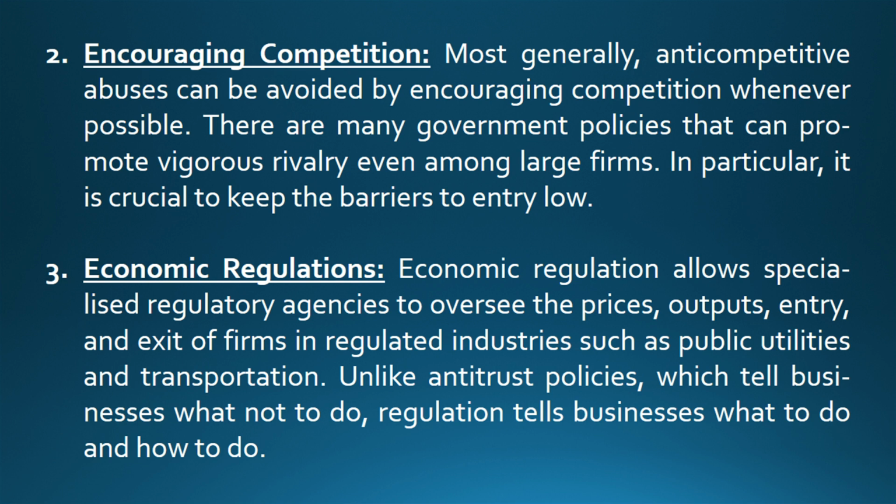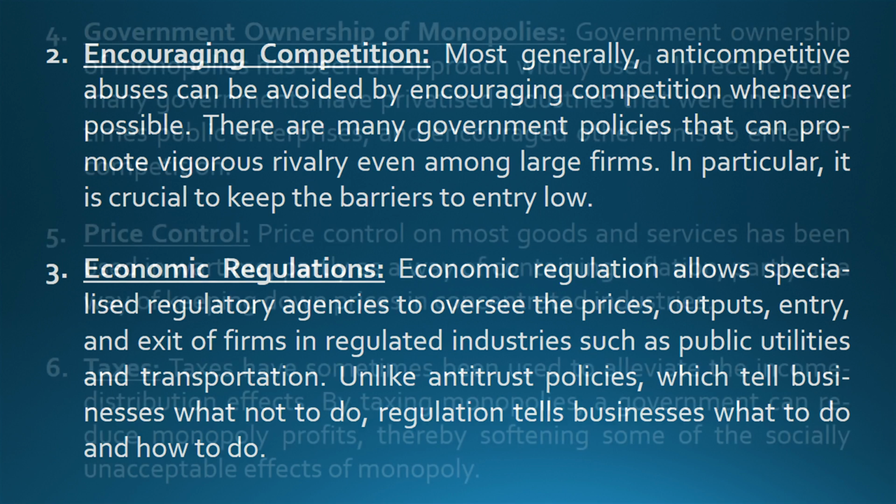Economic regulations. Economic regulation allows specialized regulatory agencies to oversee the prices, outputs, entry, and exit of firms in regulated industries such as public utilities and transportation. Unlike antitrust policies, which tell businesses what not to do, regulation tells businesses what to do and how to do it.